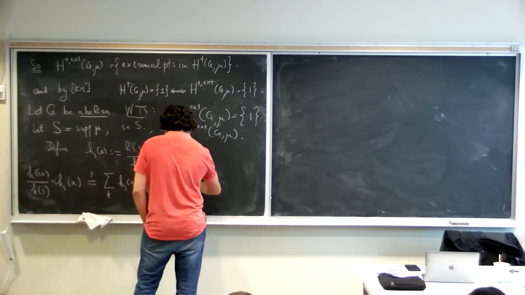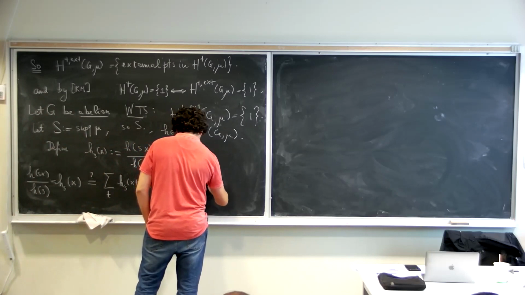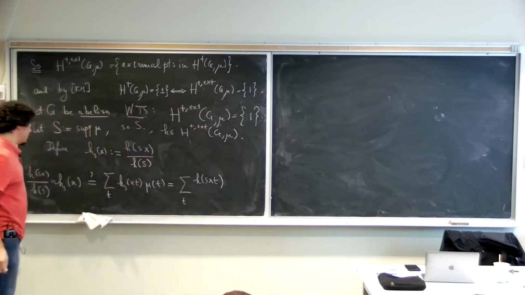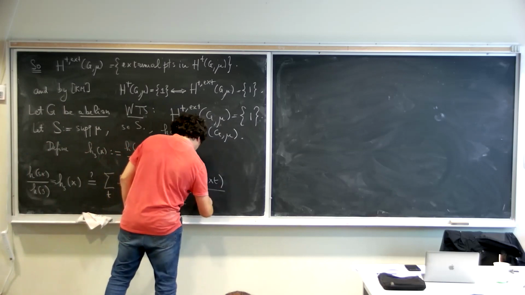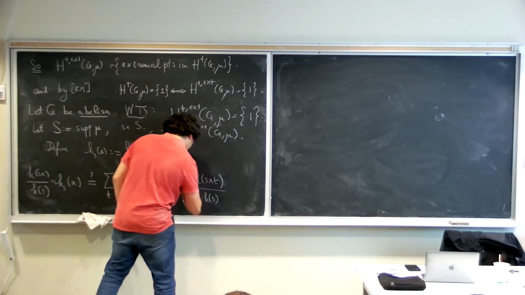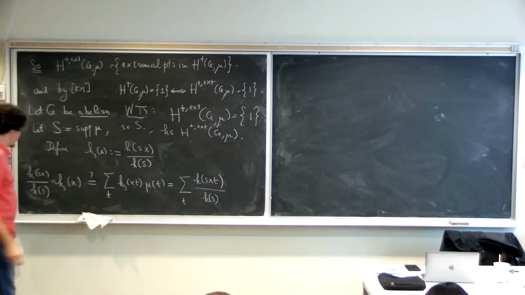So this is the sum over t of H of Sxt, as we're multiplying a priori on the left, divided by H of S, times mu t.